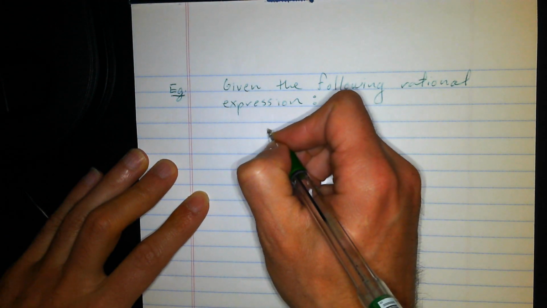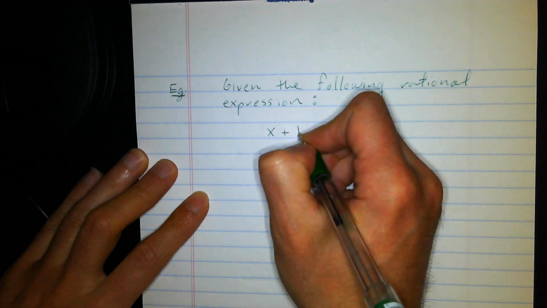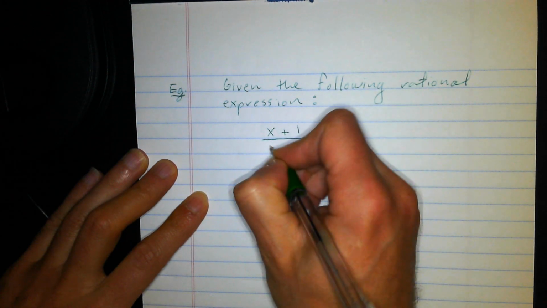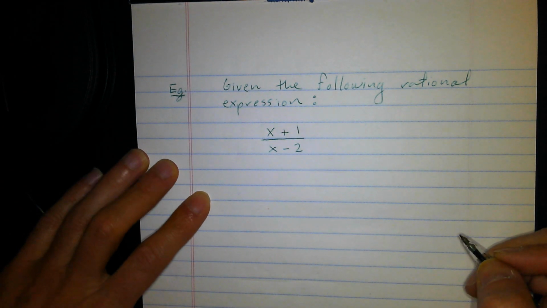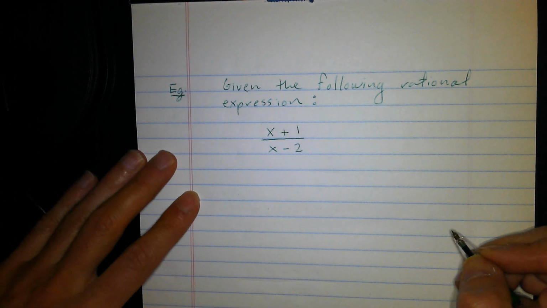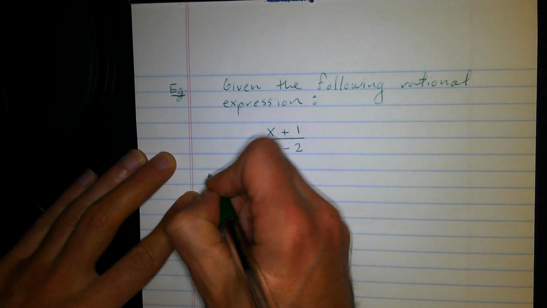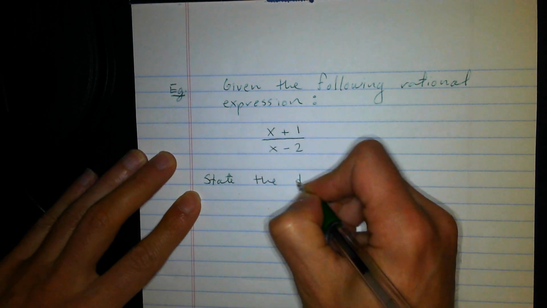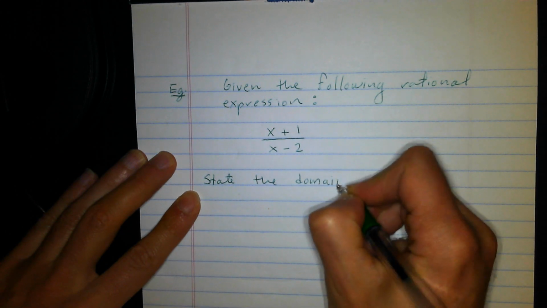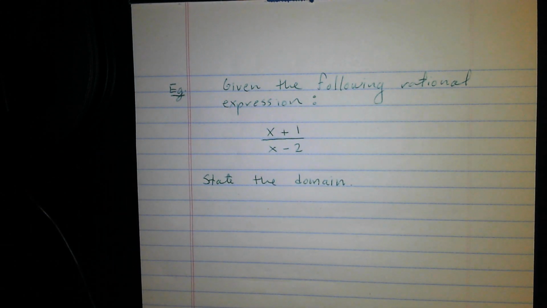Let's do x plus 1 over x minus 2. And so given this expression, let's state the domain. Okay, so it's pretty straightforward. All you have to do is look at the denominator here and figure out which value of x is going to make the denominator 0.